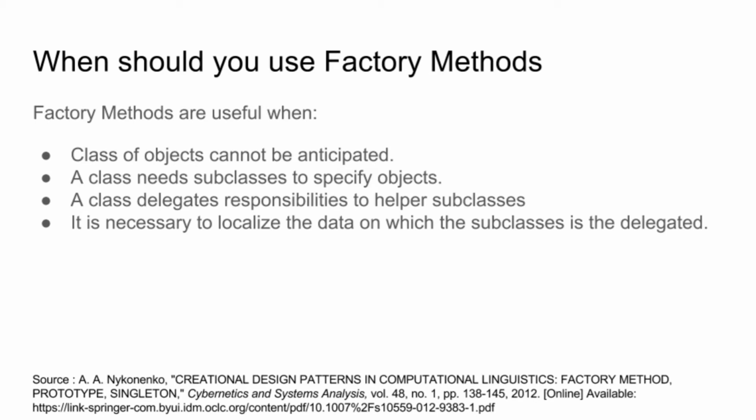Second, a class wants its subclasses to specify the objects that it creates. Third, a class delegates responsibilities to one of the several helper subclasses. Some of the functions should be overwritten by the subclass, but not all of them. Fourth, it is necessary to localize the information on which of the subclasses is the delegate.